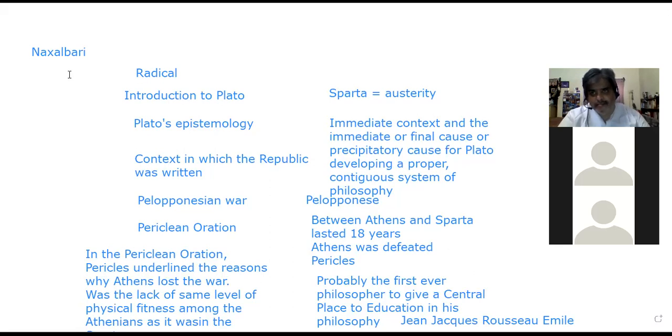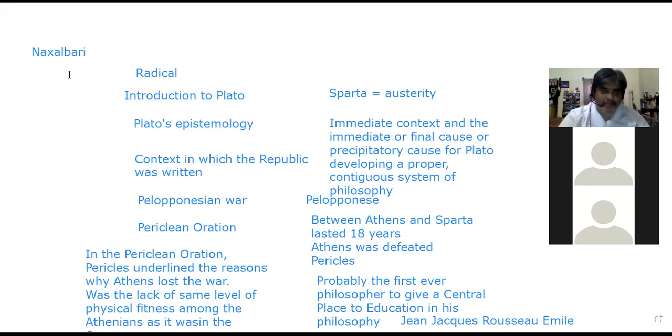Why do we say they are right wingers? Why do we call these people left wingers? They propagate the culture and tradition, so they are rightist. No, ma'am, they are actually opposite.